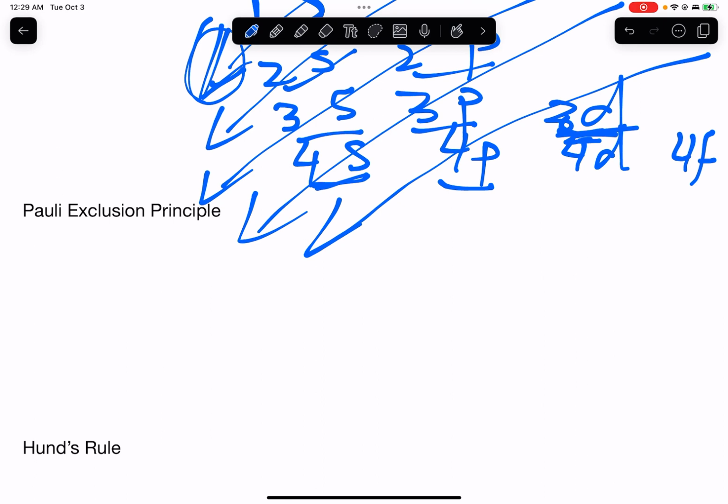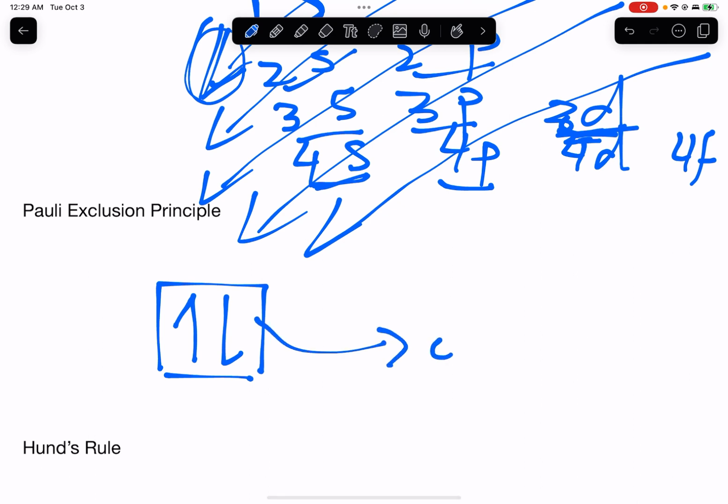Next, moving up, we have the Pauli exclusion principle. The Pauli exclusion principle is basically that an orbital can hold two electrons with opposite spins. Let me give you a little visual so you can see what's going on. This is what we call the opposite spins.